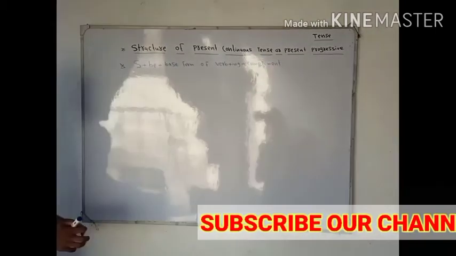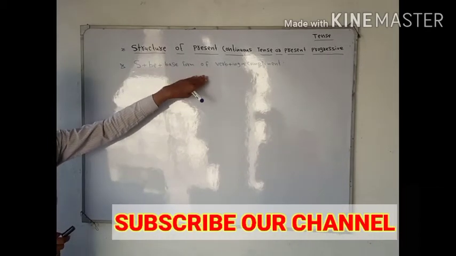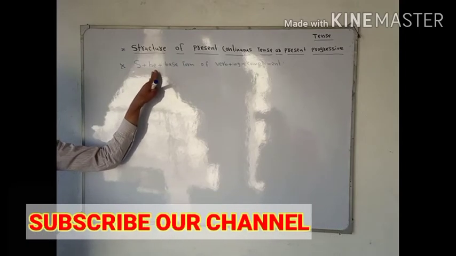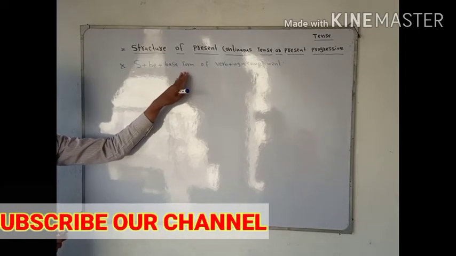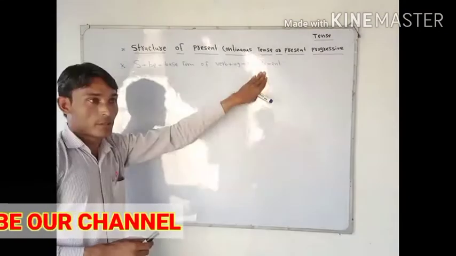So the formula for the present continuous tense is that first of all we need a subject, then be meaning is, am, are, plus base form verb plus ing plus complement.